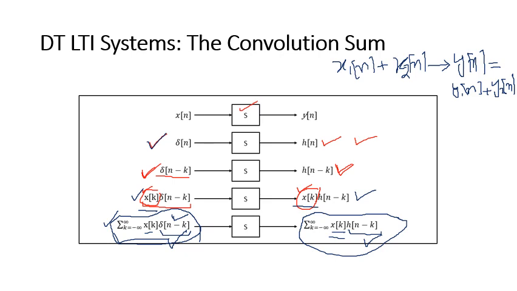So this is your x of n, and we have done the derivation for this one, that any discrete time signal can be represented as scaled and shifted impulses. So x of n equals to this, and this is your y of n. So this is the equation of the discrete time convolution sum.